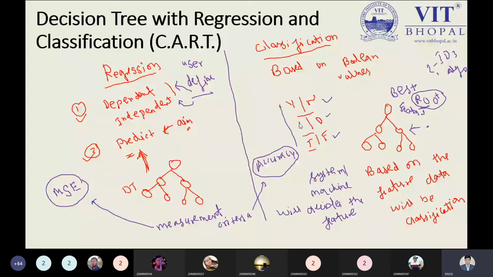If I have classification data, then I use the decision tree based on classified data. If I use regression, then I am using the decision tree for regression. So ultimately, what is the base algorithm we have? The base algorithm is the decision tree. Decision tree with classification I can use, decision tree with regression I can use. At such time the decision tree is known as CART.